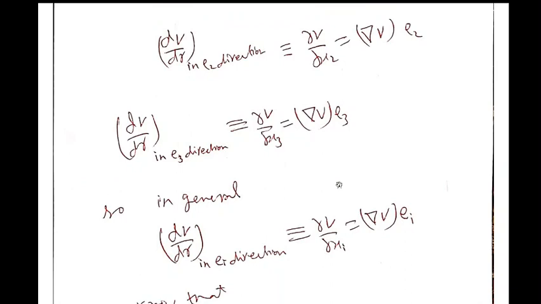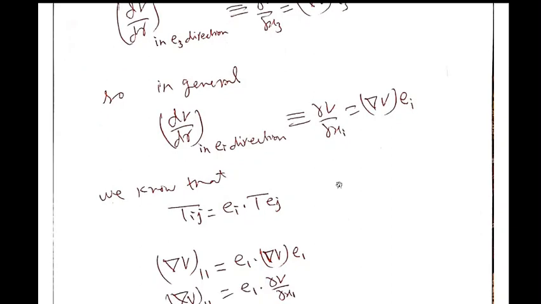Now, in a similar way, where in case of gradient of phi we found 3 components of vector del phi, here, as gradient of v is a second order tensor, there would be 9 components, and we will have to find those 9 components with the help of this definition.